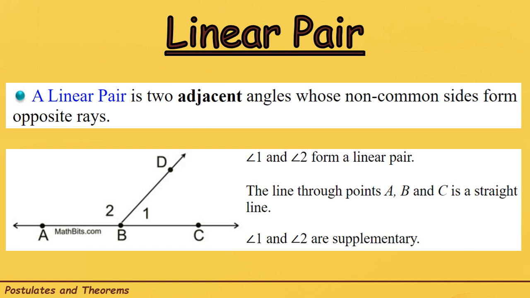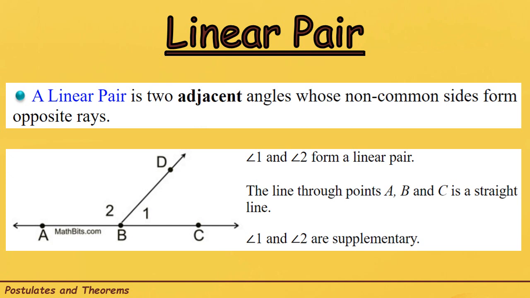It is said that angle 1 and angle 2 form a linear pair. Kasi yung dalawang angles na yon, pag pinagsama, makakabuo ng isang straight line. And the sum of the two angles is equivalent to 180 degrees. So kapag ka nakabuo yung dalawang angles ng isang straight line, automatically, the sum of their measures is equivalent to 180 degrees.